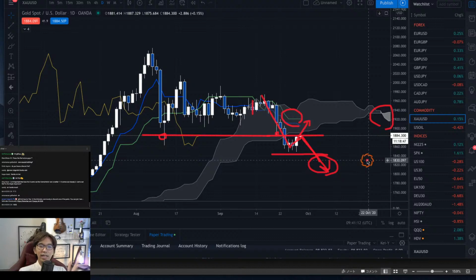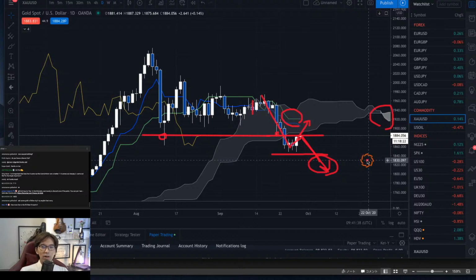Originally, there were only Tenkan Sen and Kijun Sen in Ichimoku Kinko Hyo. Well, actually, Kinko Hyo means Tenkan Sen and Kijun Sen. So, originally, there were only Tenkan and Kijun Sen, and there was no Kumo, there was no Chikou span either. And that's why these are called spans, like Senko span A, Senko span B, and Chikou span, right?